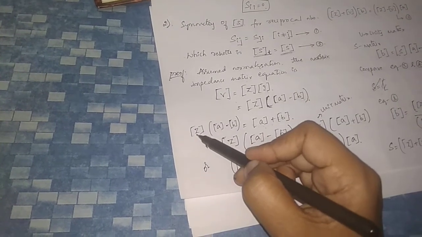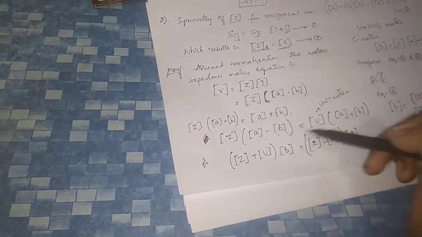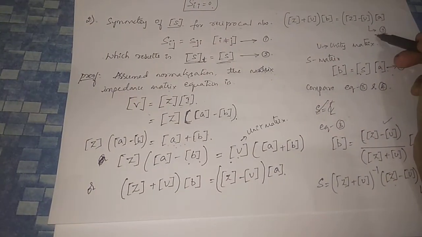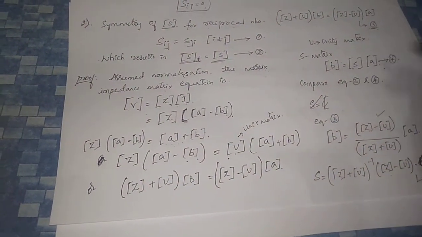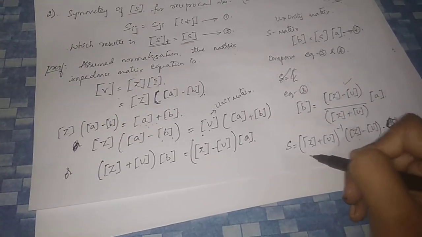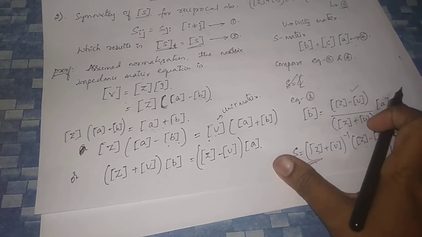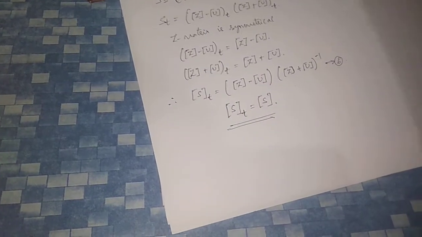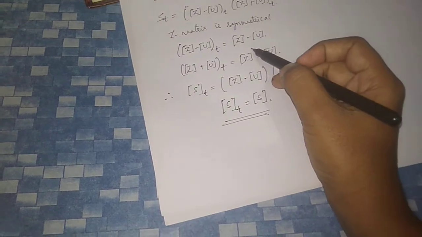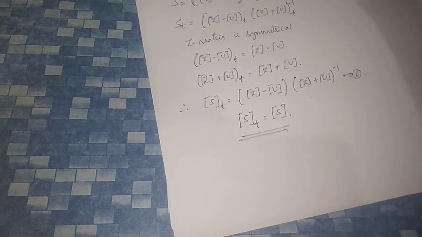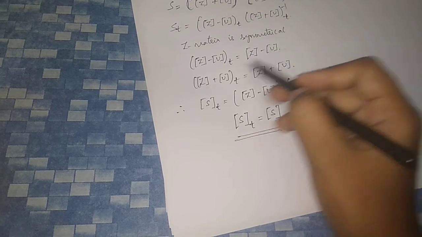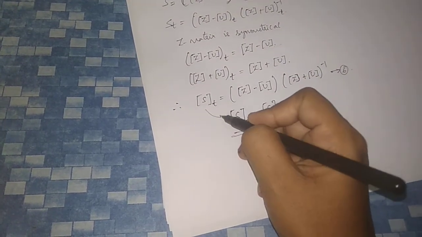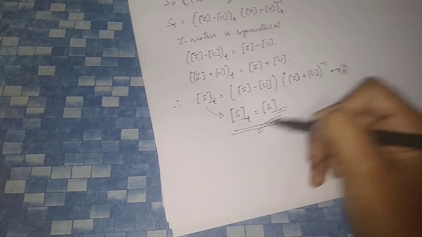If you go on simplifying, you get equation 3. Now you compare this equation with the S matrix equation, so you get the equation for S. By using the symmetry of the Z matrix, you can write these two equations, that is, the transpose will be equal to this one. The same thing you can apply for S also, and that is how you come up with the result.